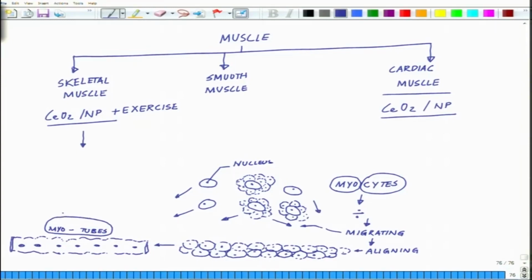Now, several myotubes like this align with one another, a second level of alignment, and form supramolecular assemblies.